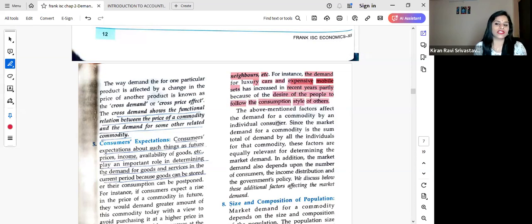The name itself suggests it: the demonstration effect. This effect affects the demand for a commodity by an individual consumer. Since the market demand for a commodity is the sum total of demand by all the individuals for that commodity, these factors are equally relevant for determining the market demand.